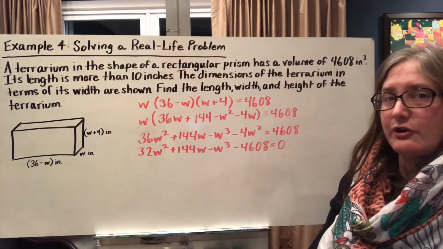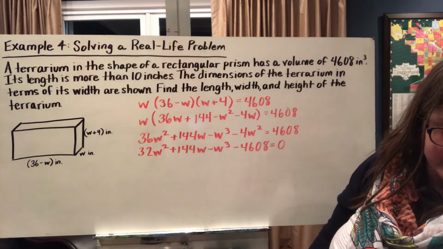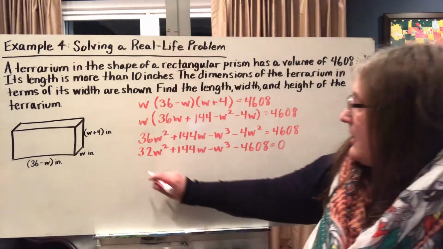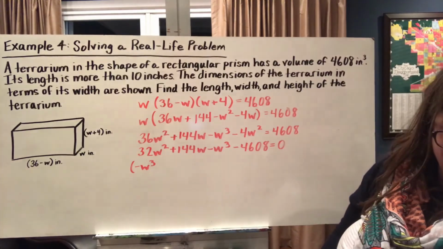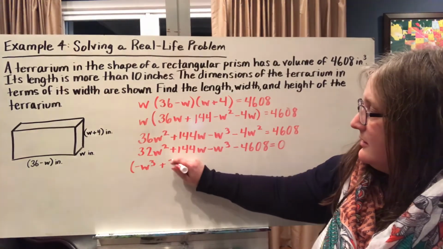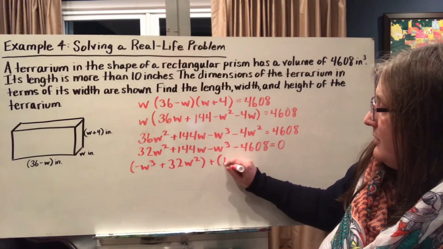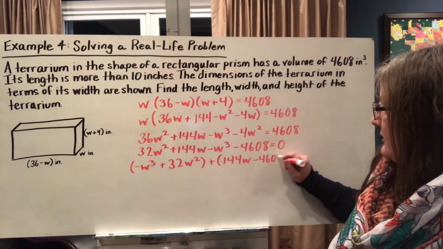Now I've got 4 terms in this polynomial, so I'm going to try to factor it by grouping. I just have to decide what groups I'm going to put together here. So I'm going to put the negative w to the third together here with my 32 w squared and my 144 w with my 4,608.